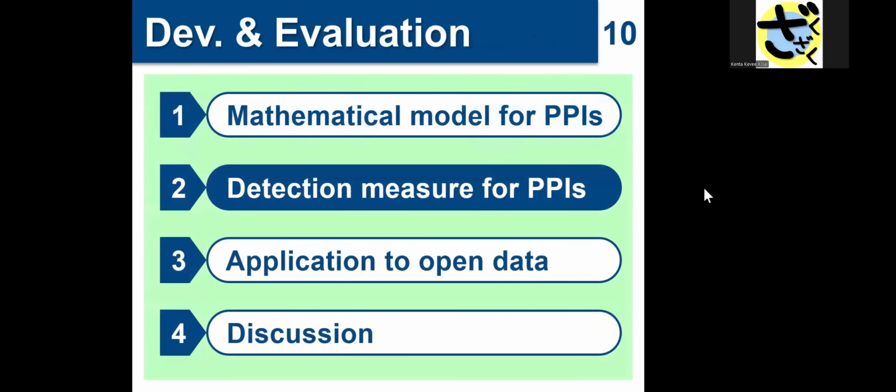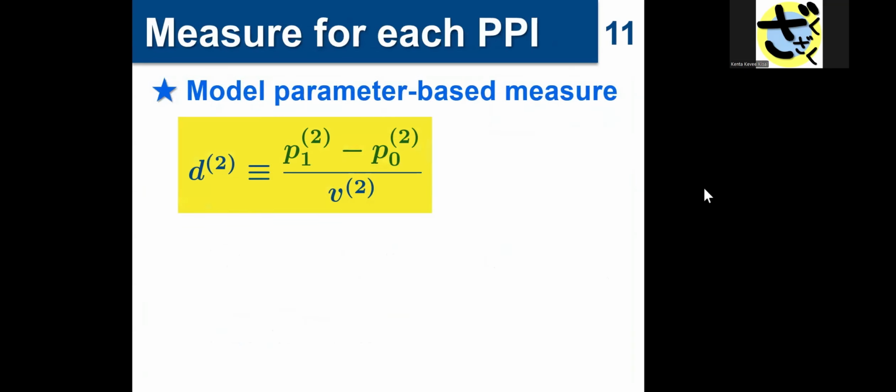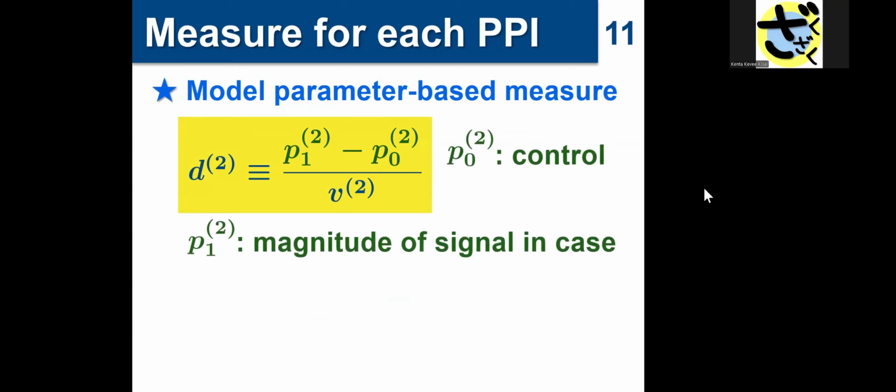Next, using the parameters of this mathematical model, we developed a measure to detect aberration in each protein-protein interaction. Here is an overview of the measure. For each protein-protein interaction, with the model parameters of the p_12 and p_02, the numerator represents the difference in the magnitude of signal transduction between the case and control, while the denominator represents the standard error, SE, of the difference.